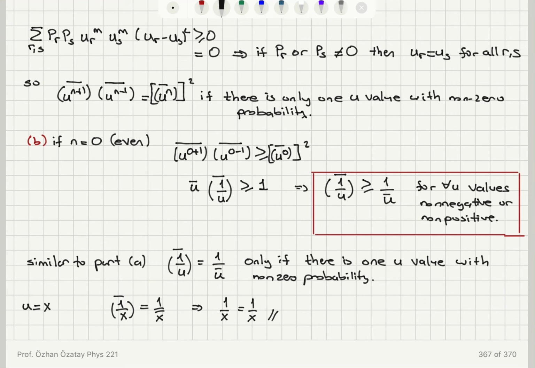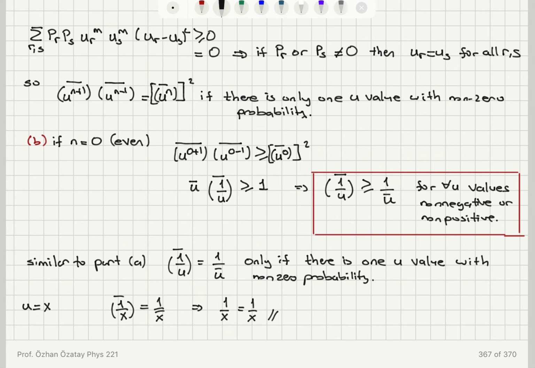This will hold, and the equality will hold if the average value of 1 over U is equal to 1 over the average value of U. That's only possible if you have only one U value with non-zero probability. And here we have shown it explicitly: if that value is x, then 1 over x equals 1 over x.